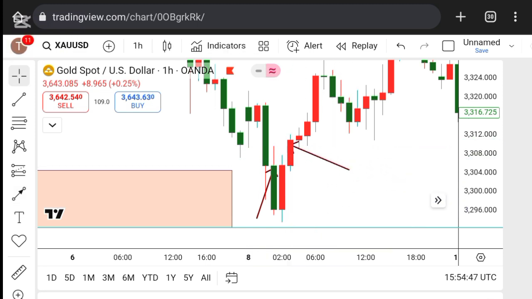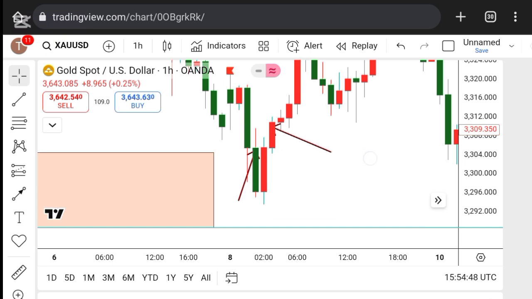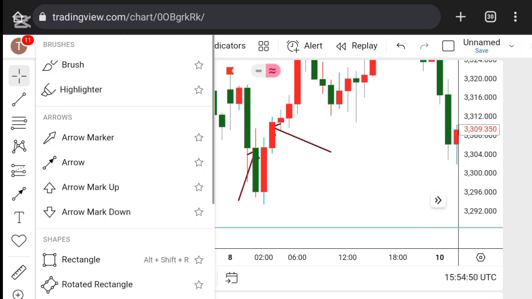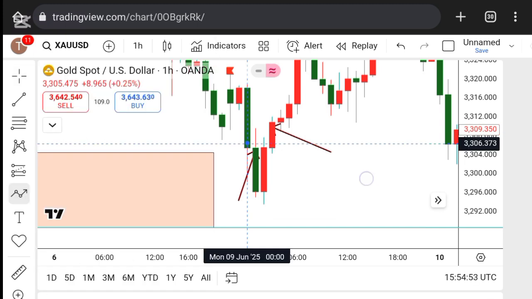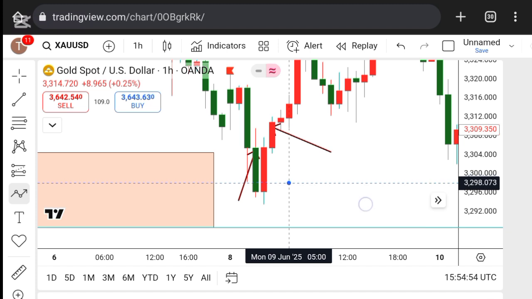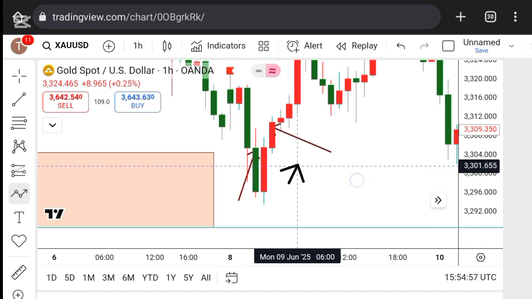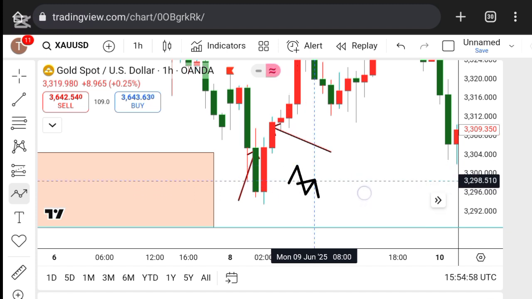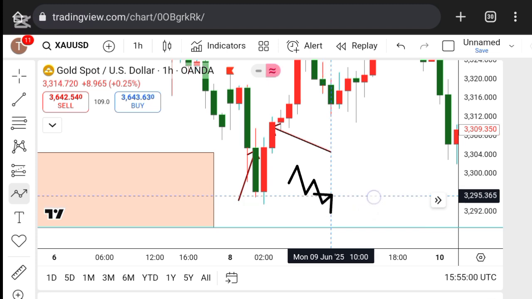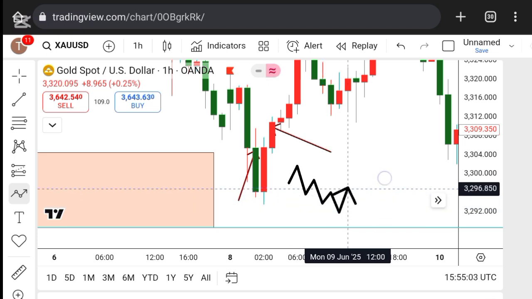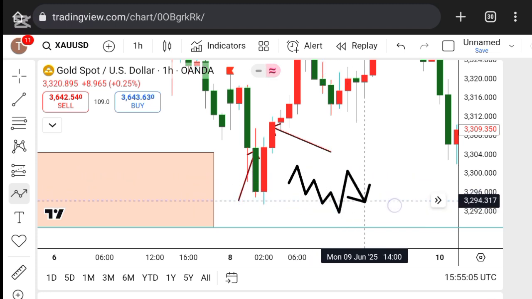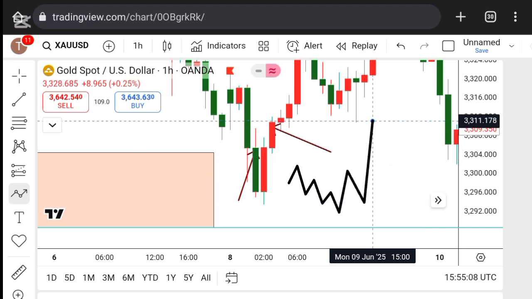And another entry criteria is, once this market comes into it, you look for a shift in market structure. Then upon retesting that OB, you take your trade to the upside.